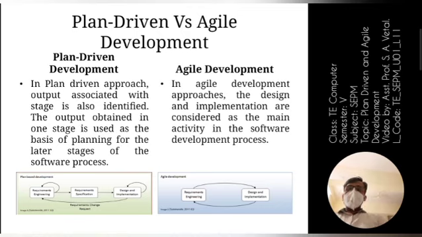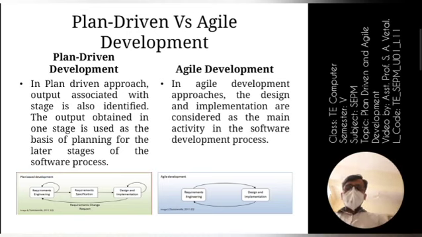Okay, in the diagram shown below, we can have a look at the plan driven development, that we are having requirement engineering, then we are having requirement specification, and the third stage is there, that is design and implementation. We are going to implement the requirement engineering.